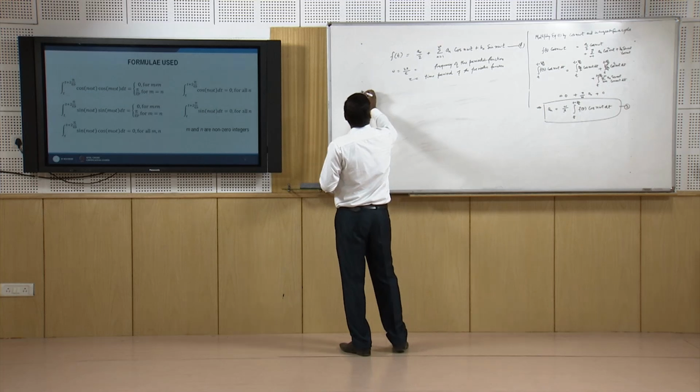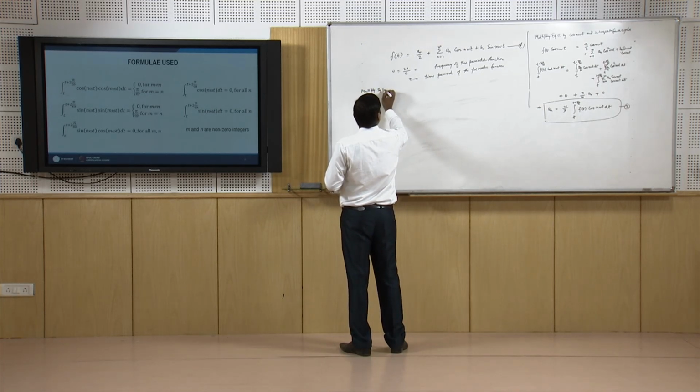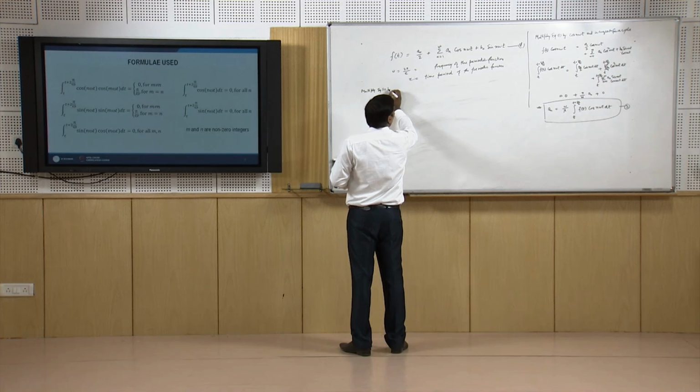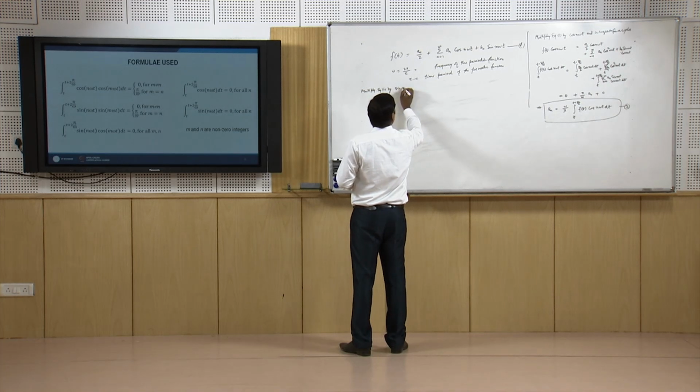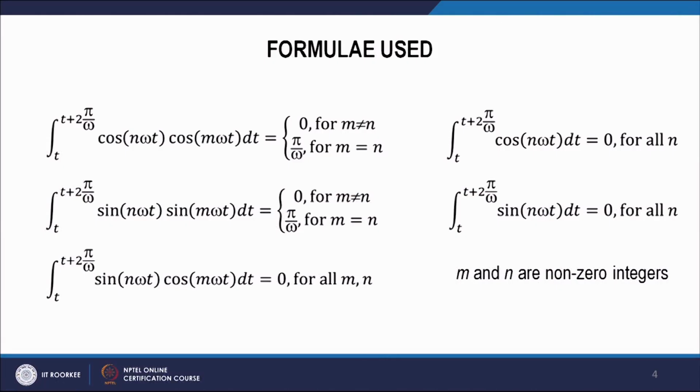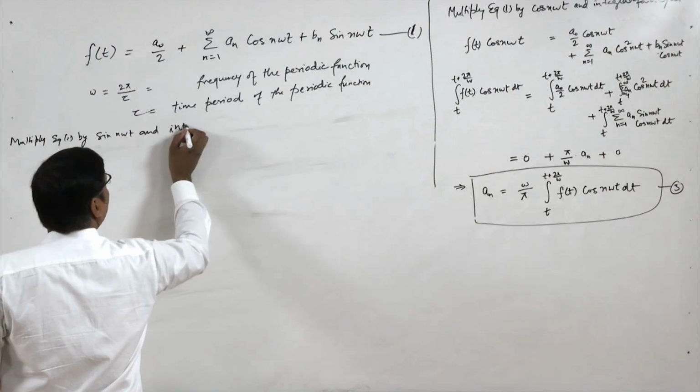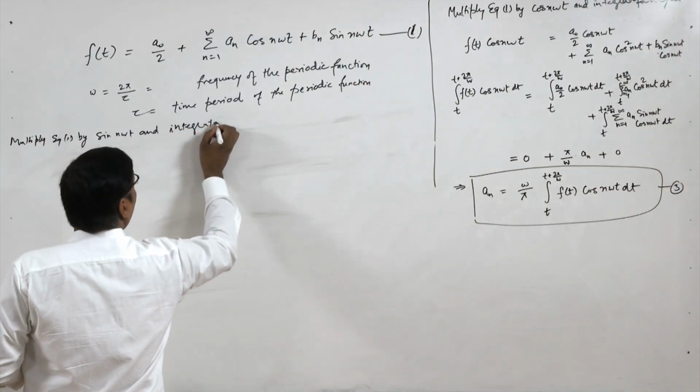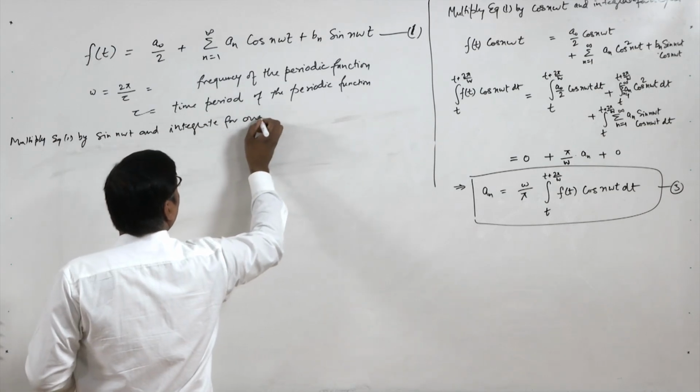So, multiply equation 1 by sin n omega t and integrate for one cycle.